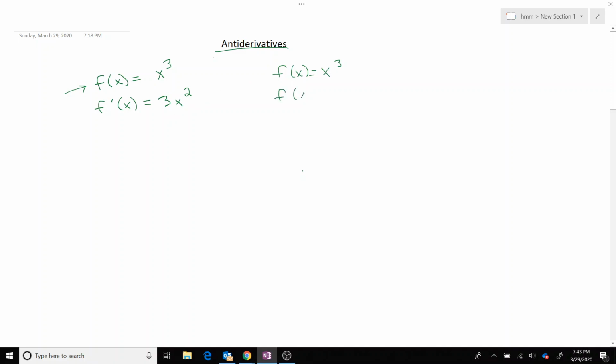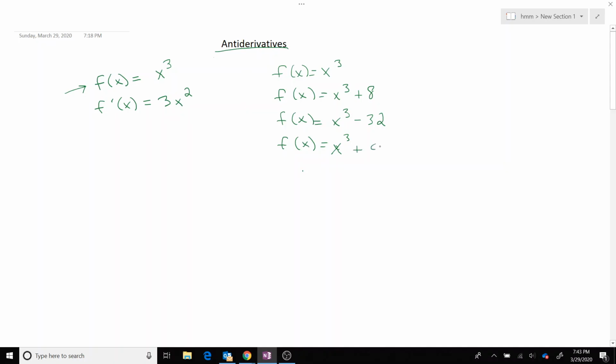But if f of x was equal to x cubed plus 8, the derivative of that would have been 3x squared. If f of x was equal to x cubed minus 32, the derivative of that would have been 3x squared.